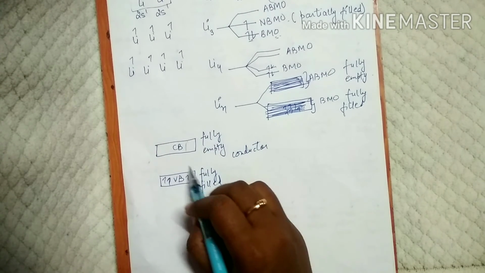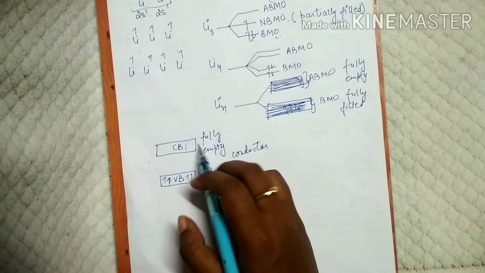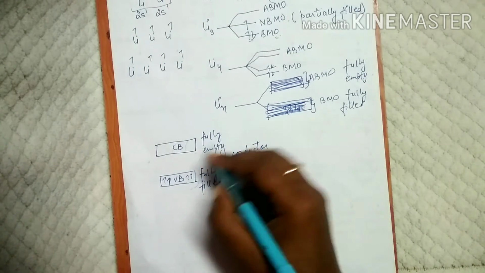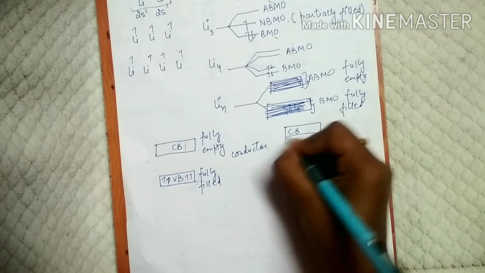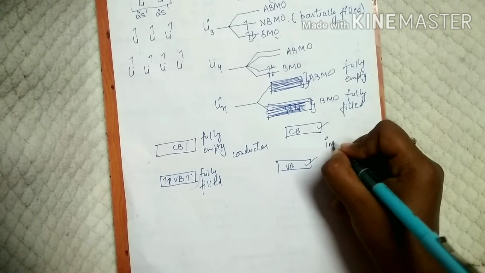Okay, if valence band is partially filled or not at all filled and conduction band is empty, or you can say both the bands are fully filled, valence band also and your conduction band also, both are fully filled, then that is going to be an insulator.